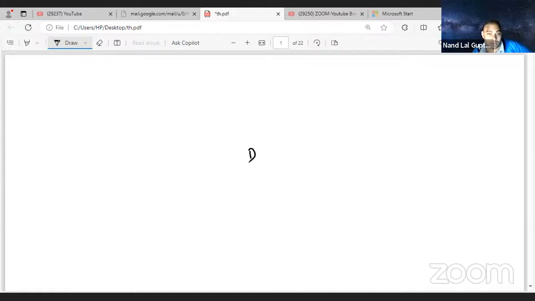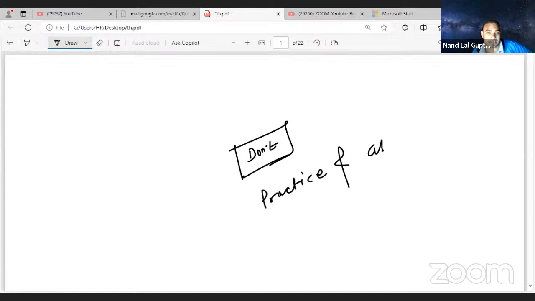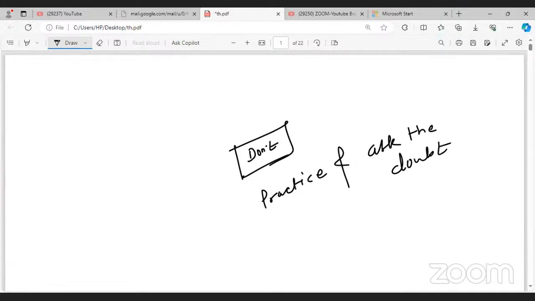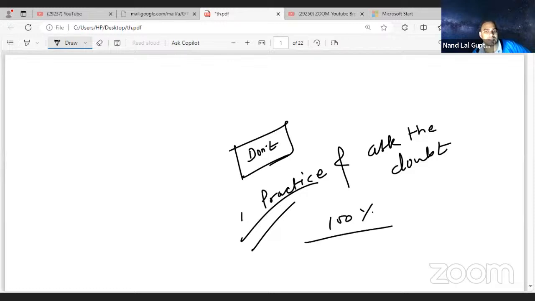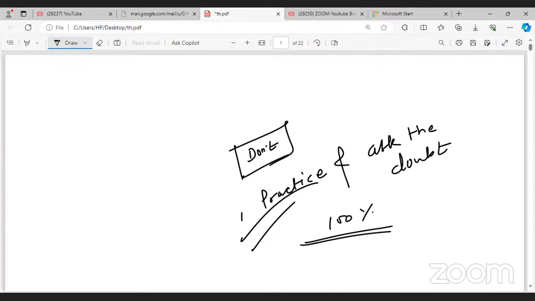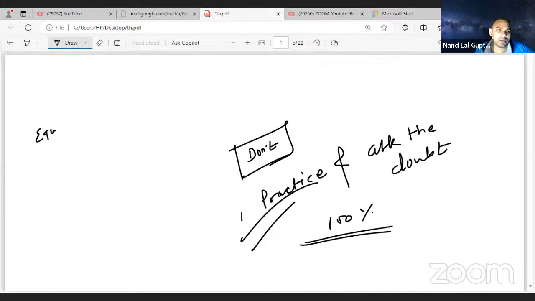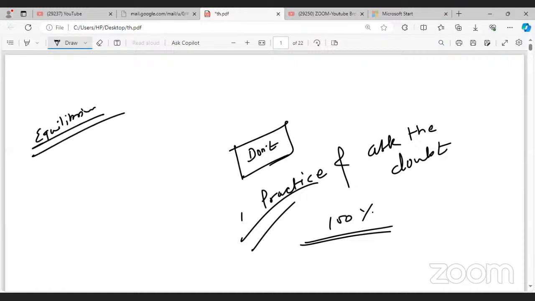Now it is your responsibility to practice thermodynamics, practice and ask the doubts. Any problem, practice and ask the doubts. This one chapter should be 100% clear. Okay, sir. Now next one, equilibrium. Equilibrium will cover 100%. Don't worry. Okay, sir. After the class only I am sending.